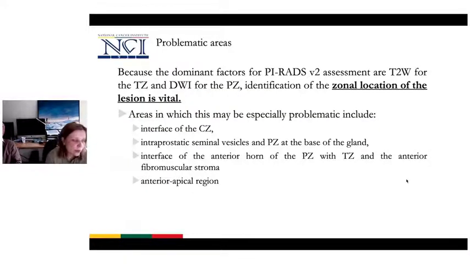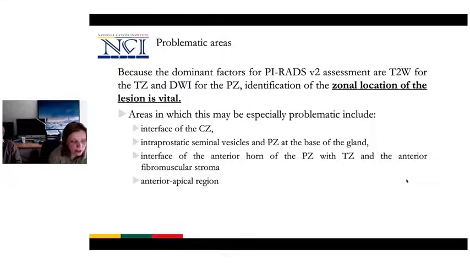But it's not so easy in everyday practice because we have problematic areas. So sometimes when we have a really big prostate or hyperplasia of the central zone, fibrosis of the central zone, sometimes it's very difficult to say in which zone there is the lesion.